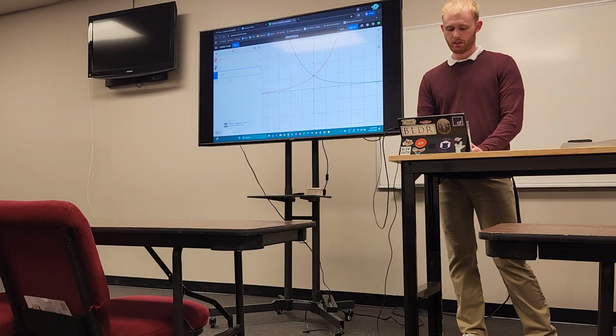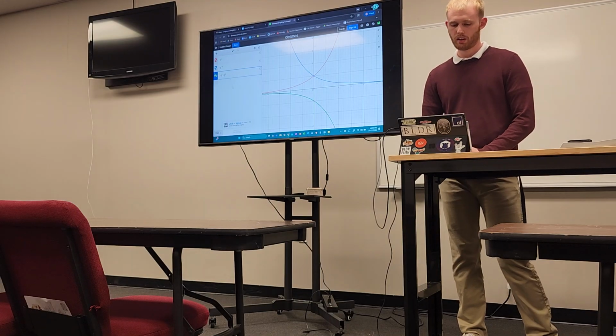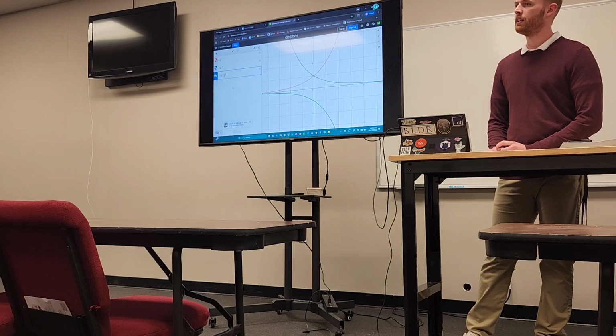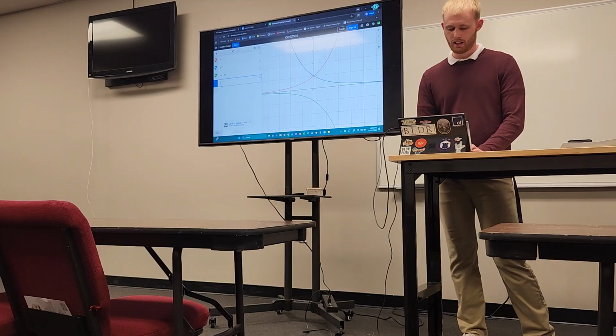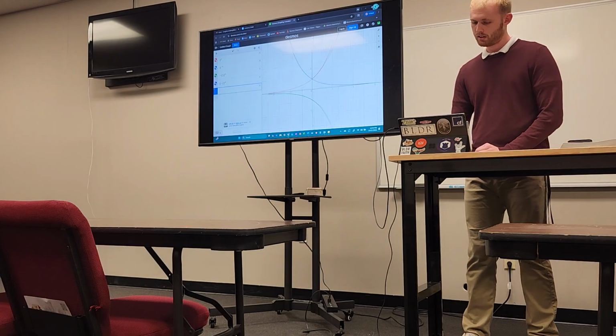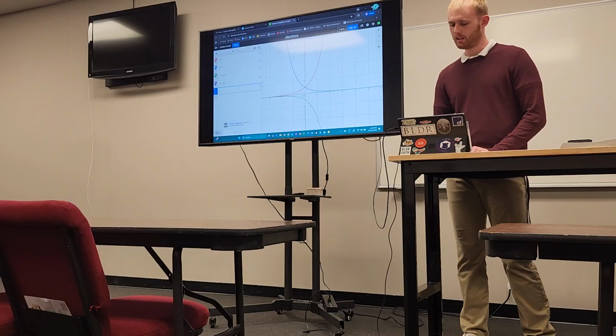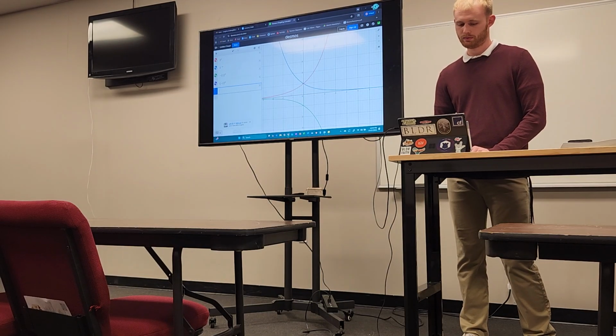Because really what we're doing here is taking 2 to the power of x, but then making it negative. If I had negative 2 to the x, where is it? It doesn't show it on here. It should be a dot, right?